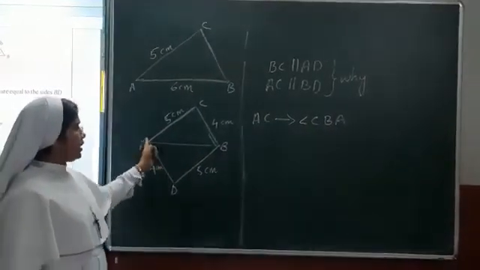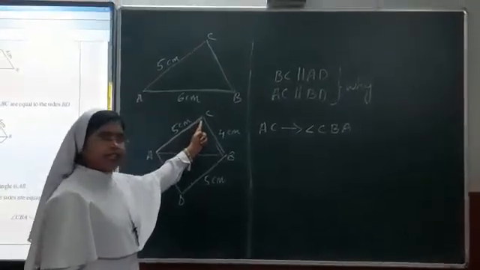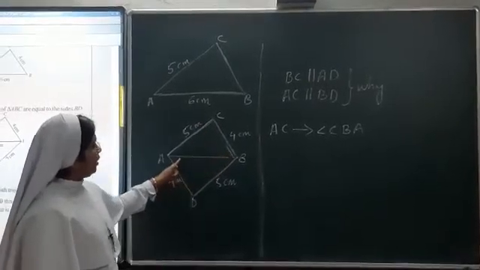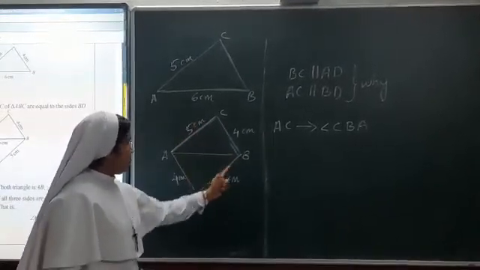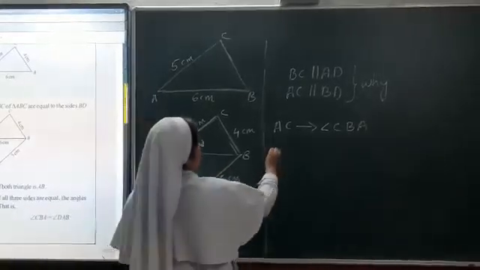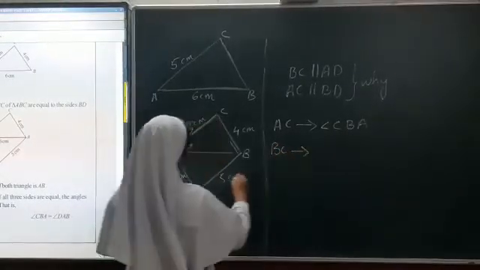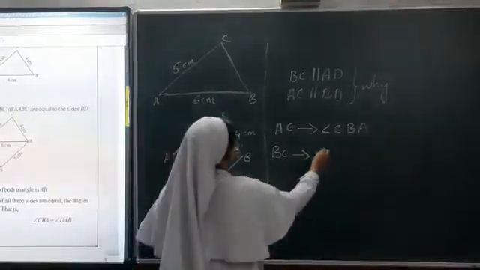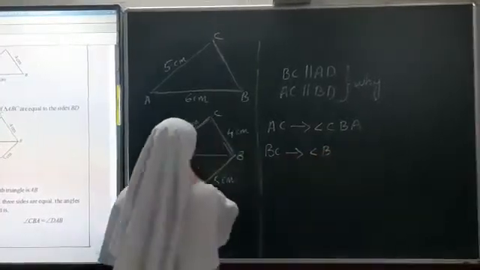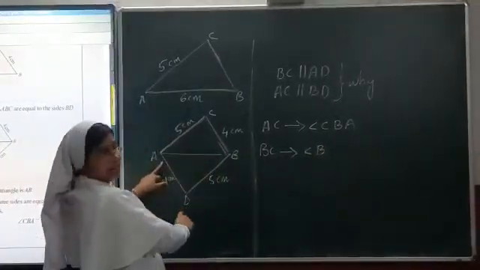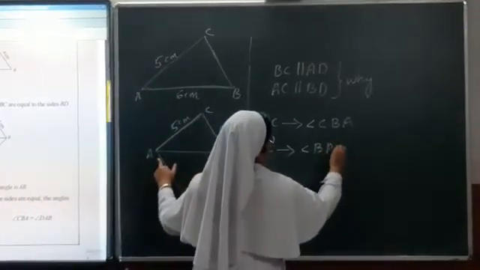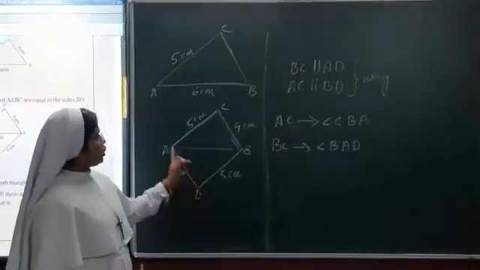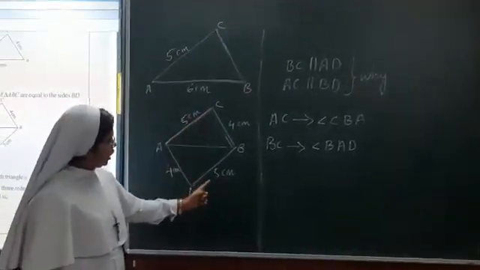I hope you understood. The side AC, the opposite angle of this side is CBA. Now we know AC is equal to BD. Now BD has the opposite angle BAD. This is BD, which is opposite to AC, and they are equal.